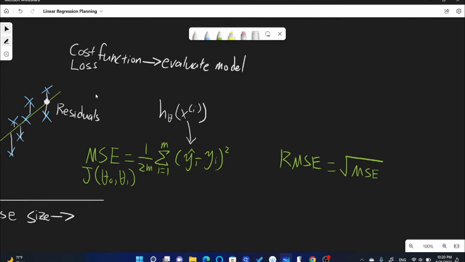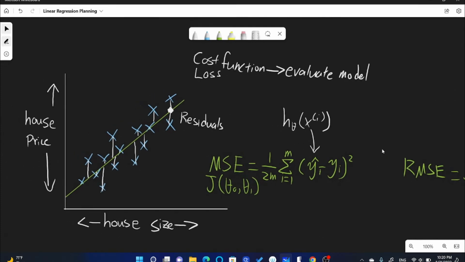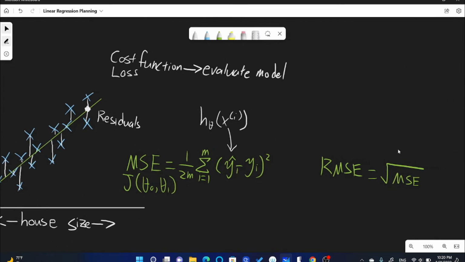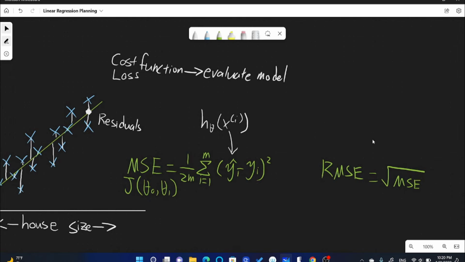Well, if we look back at our scatter plot here and we use the mean square error, we can see that the unit we get at the end is house price squared because we squared here, right? And it wouldn't really make sense, right? It's a unit that doesn't really make sense. House price squared, right? That's not really a good indicator. So that's why we take the square root. So now the unit is house price, right? I feel like that's much more explainable, right?